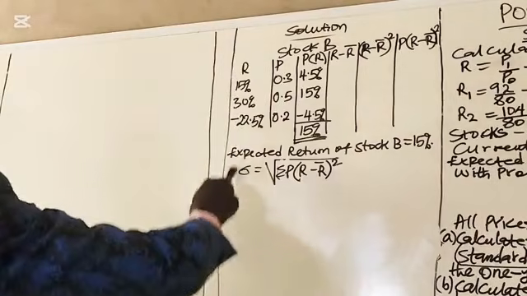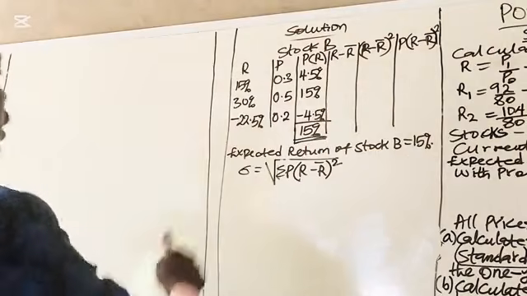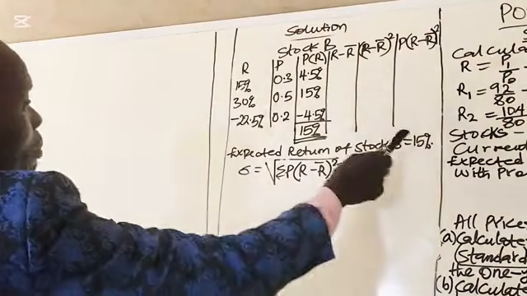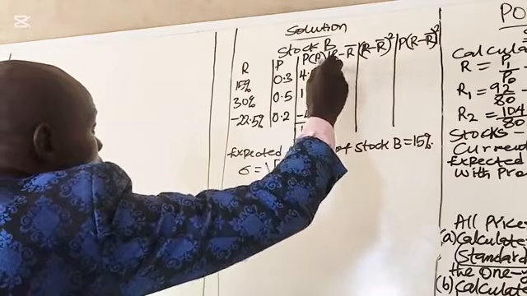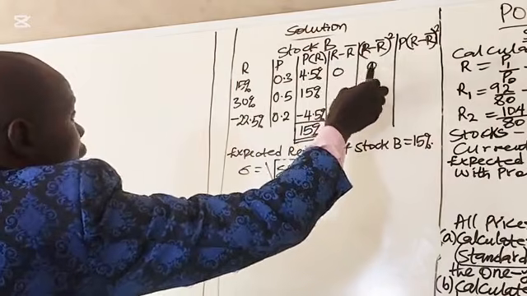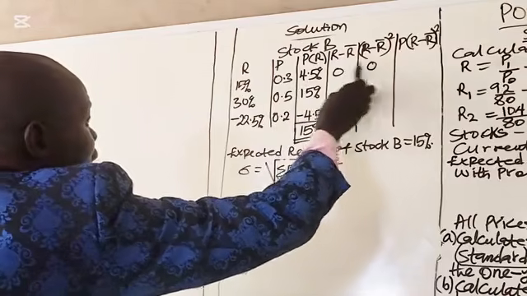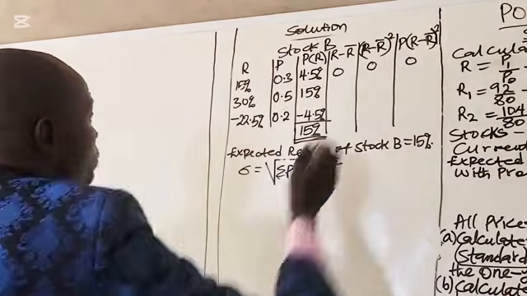Our R is this column, and our R bar is 15% as calculated. 15% minus 15% will be 0. The square of 0 is 0. Then probability times this, 0.3 times 0, will still be 0.